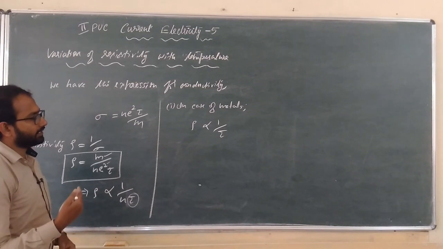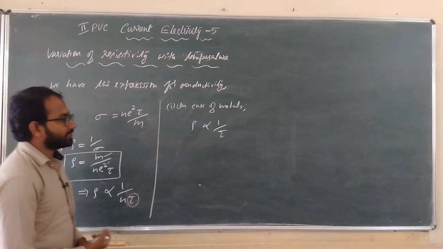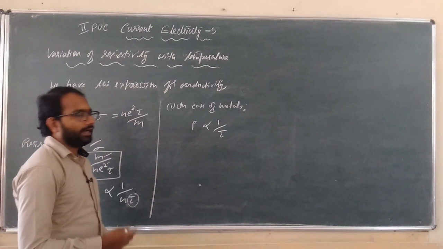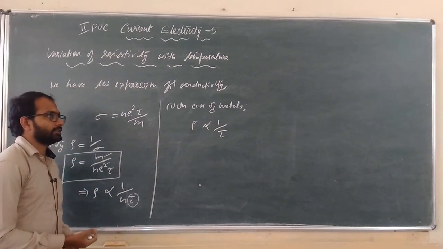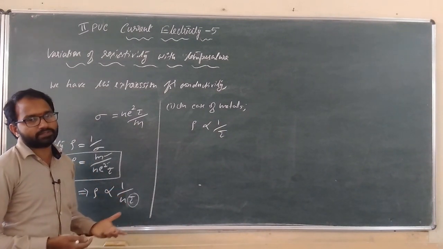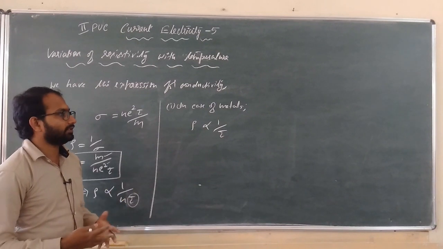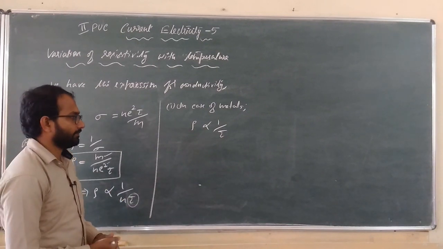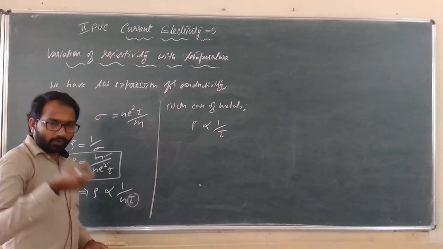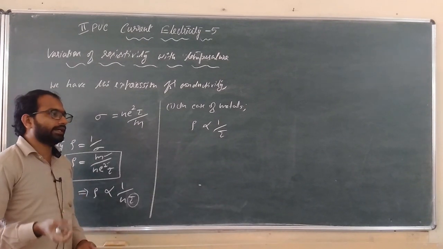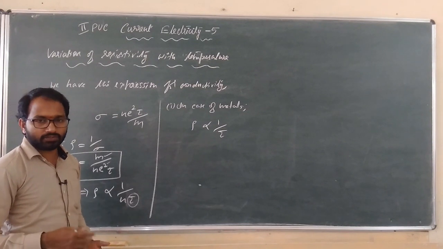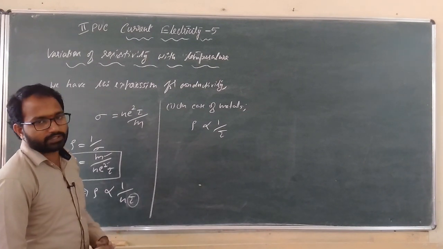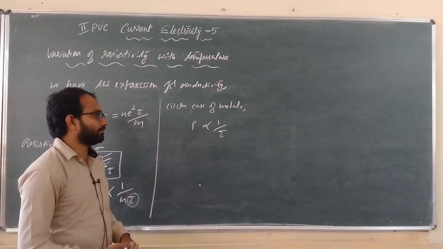As the temperature is increased, electrons get thermal energy, due to which the average speed of electrons increases. The positive ions' amplitude of vibration also increases due to the rise in temperature.